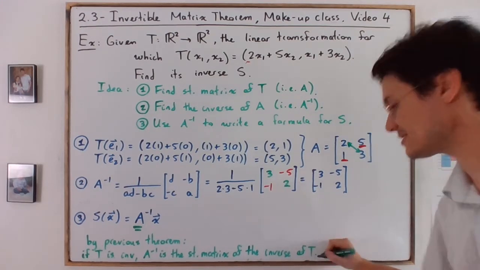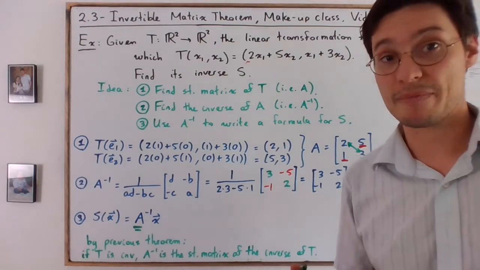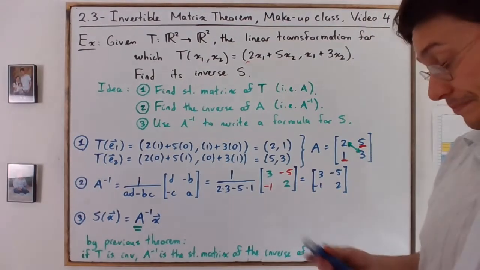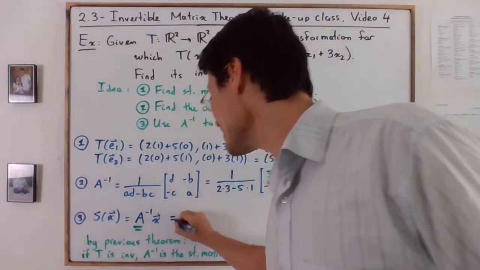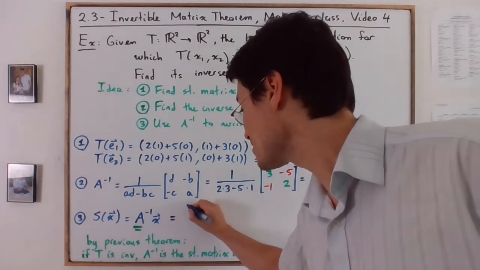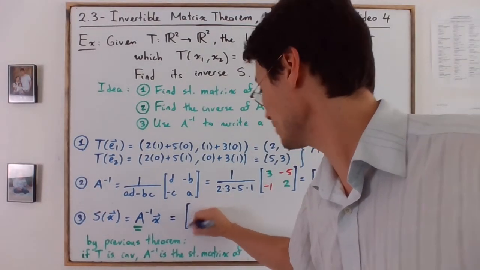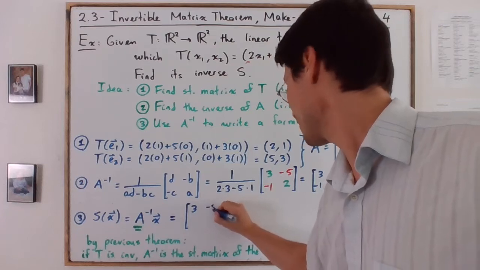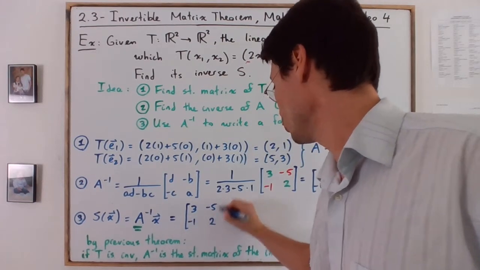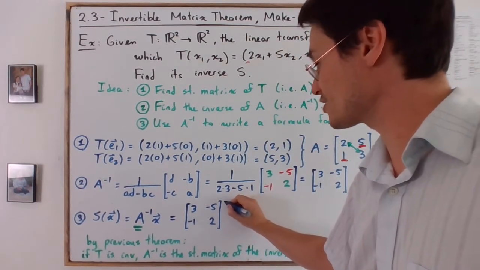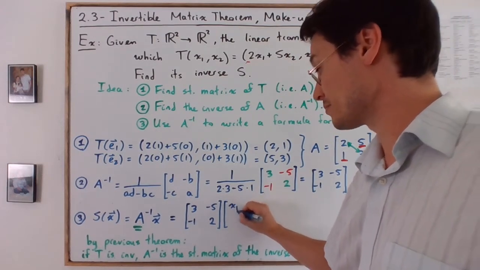But keep in mind that this theorem is only valid for linear transformations, and this is important. But in any case, the simple thing that you need to do is to now write the inverse that you found, which is going to be 3, -5, -1, 2. And then instead of x, just write x1, x2.